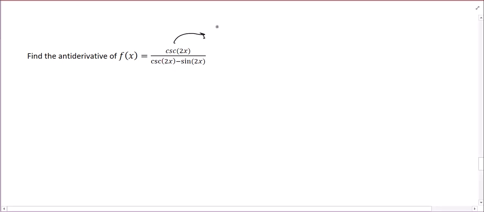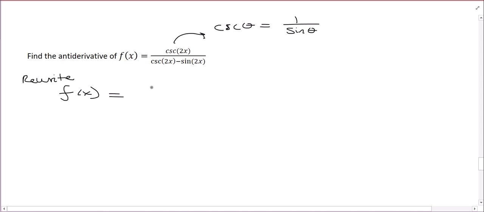But remember that cosecant is 1 over sine, the reciprocal function. So let's just rewrite before we take the antiderivative, because right now I can't really do much.